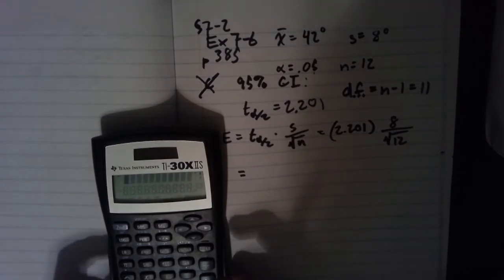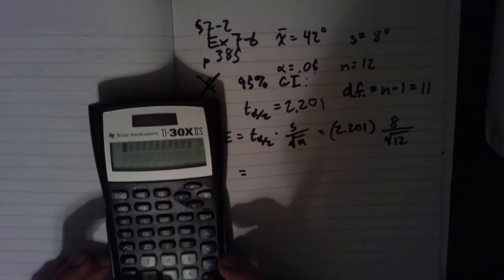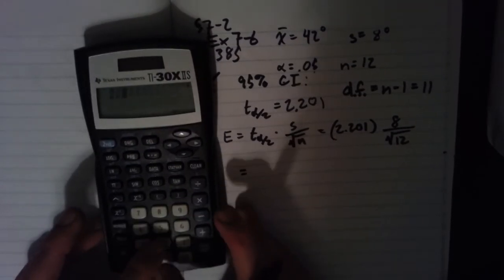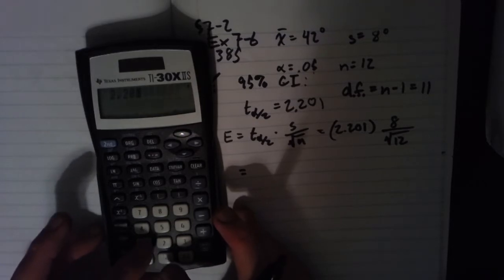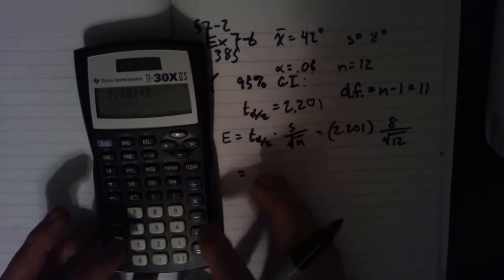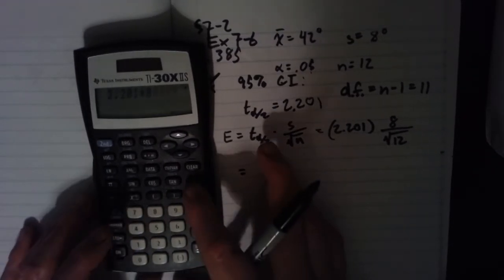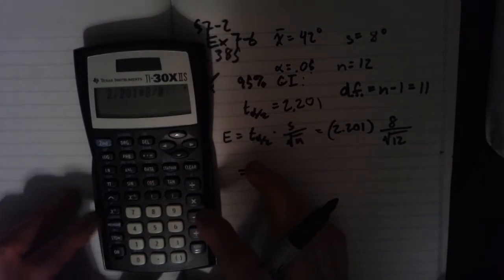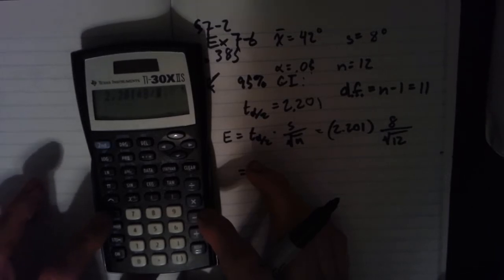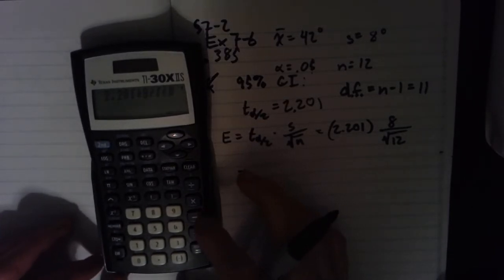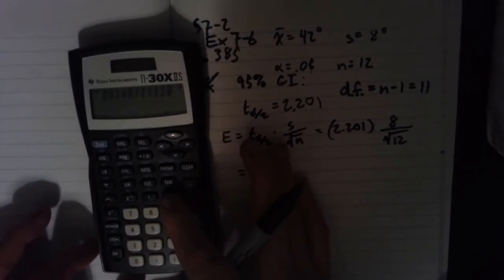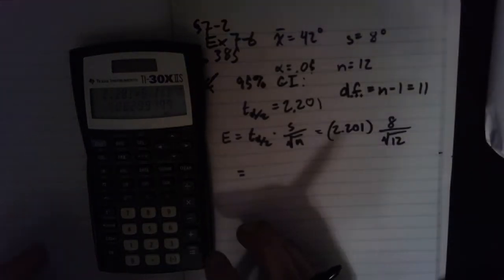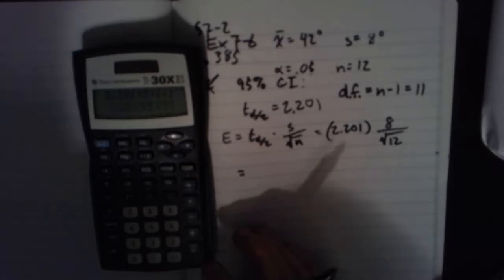Okay, so 2.201 times 8 divided by the square root of 12. What does that say there?